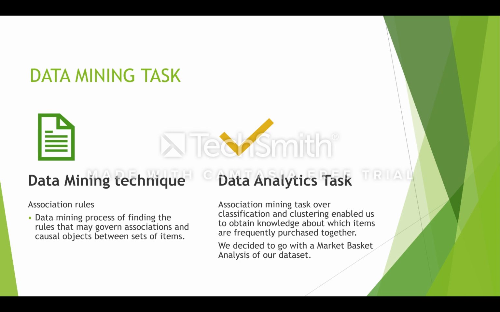That would have been less informative than a market basket analysis. Association mining over classification and clustering enables us to obtain knowledge about which items are frequently purchased together. So we decided to go with the market basket analysis for our dataset.